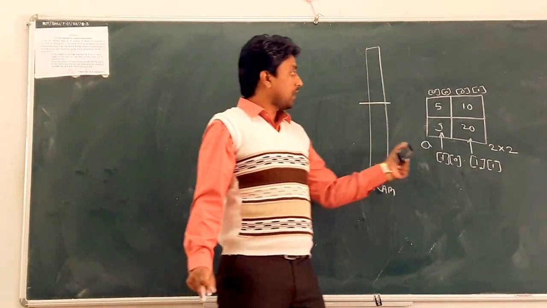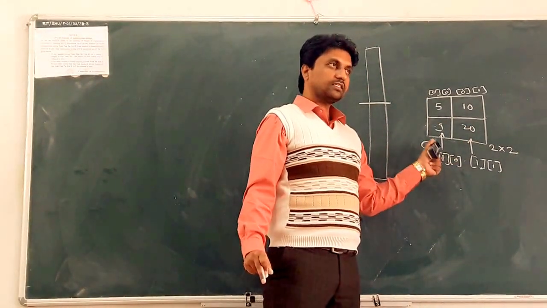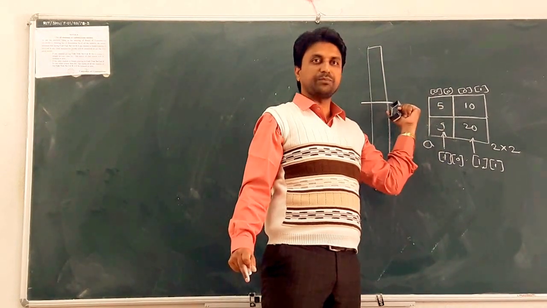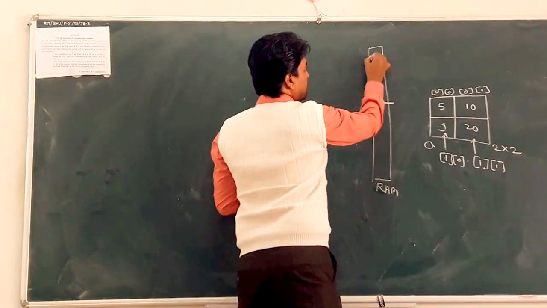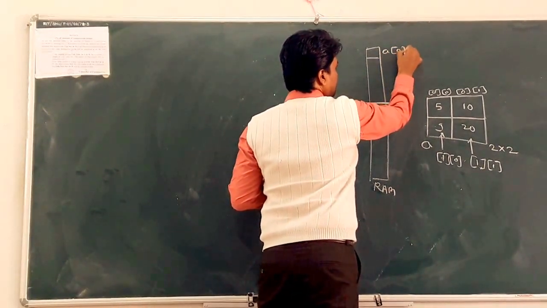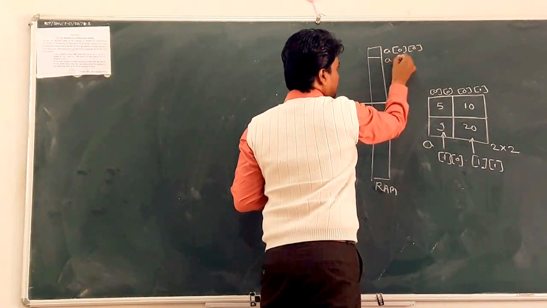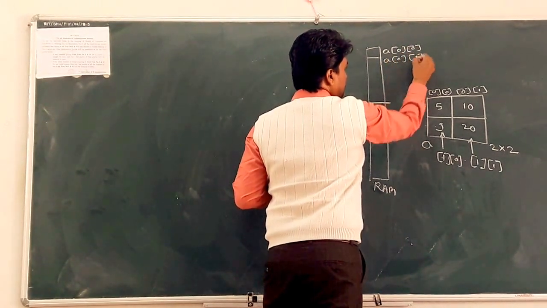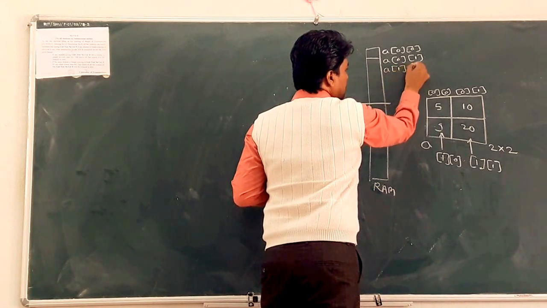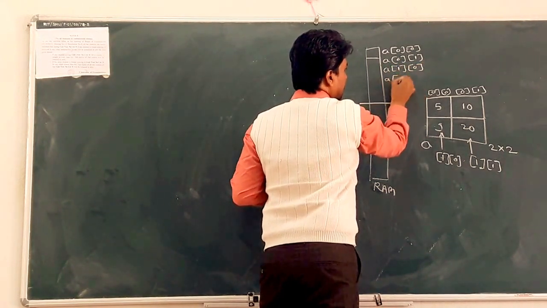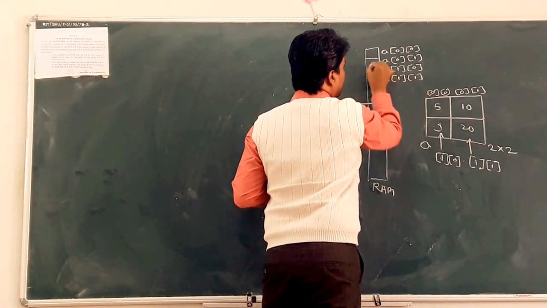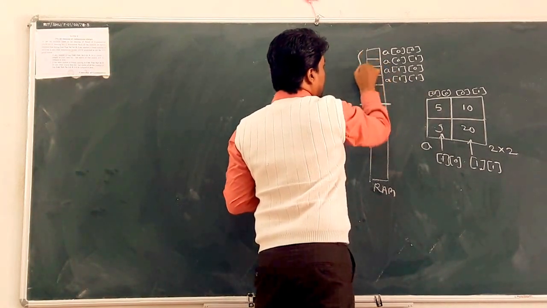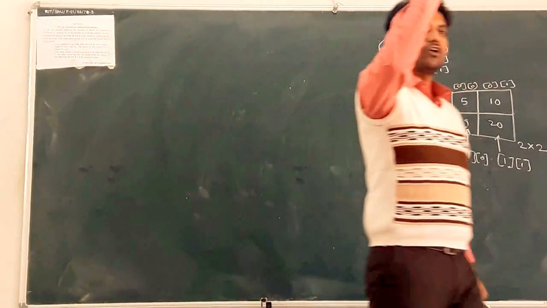Clear. So how is this memory management actually happening on the RAM? On the RAM, A 0, 0 is the first element, 0, 1 is the second element, 1, 0 is the third element, and 1, 1 is the fourth element, and all elements are allocated in contiguous memory locations.